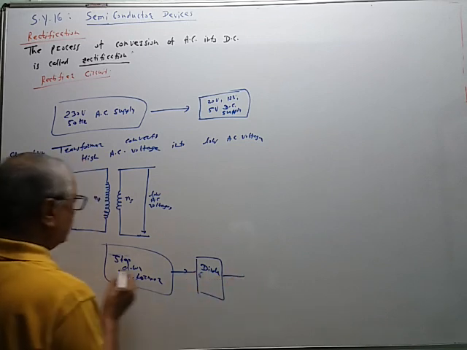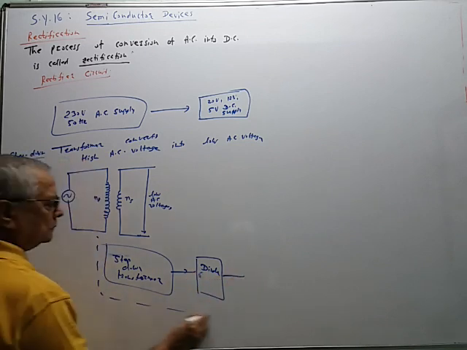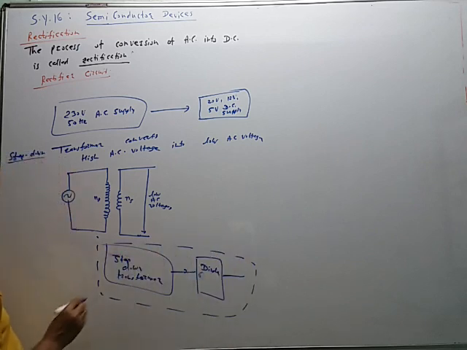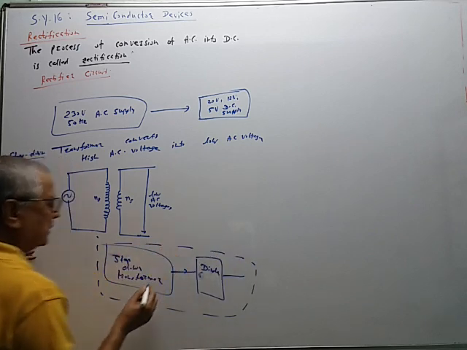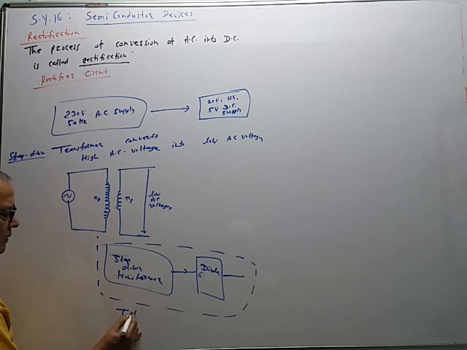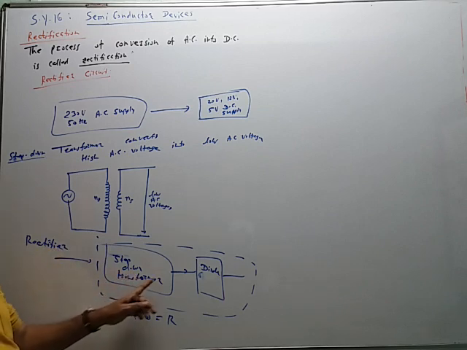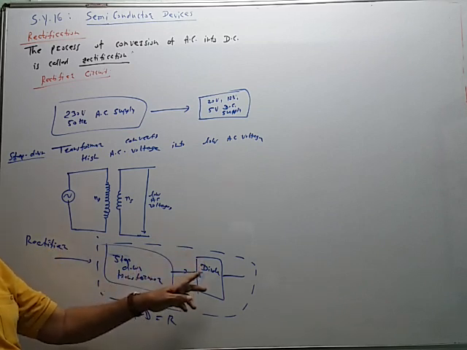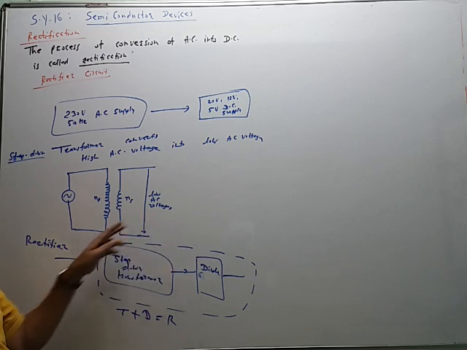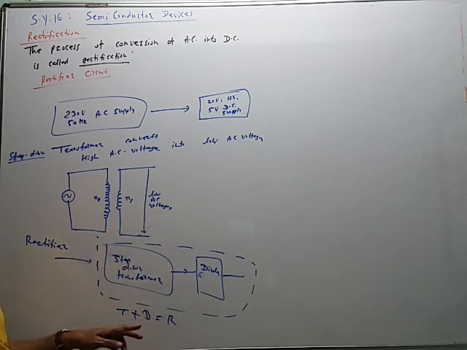So this combination, T for transformer, D for diode is equal to R for rectifier. So this is a rectifier circuit. So rectifier consists of a step down transformer and a diode, one or two or four diodes. It depends upon the type of the rectifier circuit.